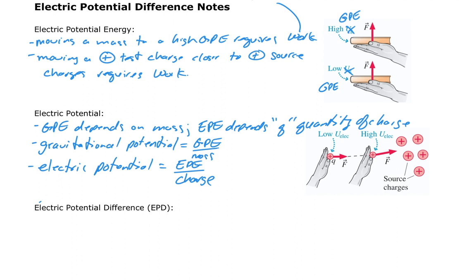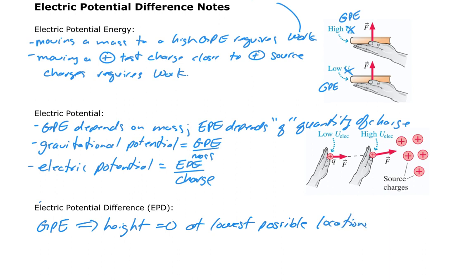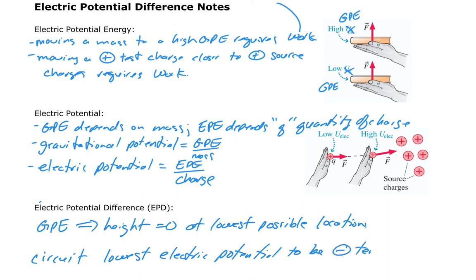Now, in our GPE analogy, with our mass, we normally just pick a height of 0 somewhere, usually at the lowest possible location of the problem. For our purposes in a circuit, we're going to pick the area of lowest electric potential to be the negative terminal of the battery.